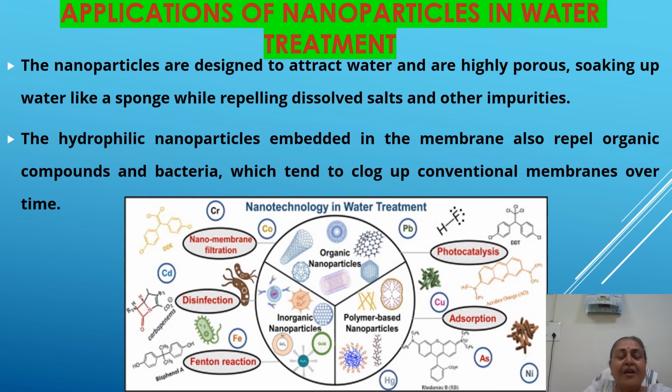Second, they are hydrophilic nanoparticles embedded in the membranes, which also repel organic compounds, bacteria, etc., which tend to clog up conventional membranes over time. So in this way, the biological or algal based nanoparticles will help in water purification.